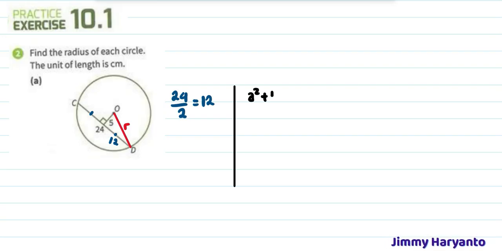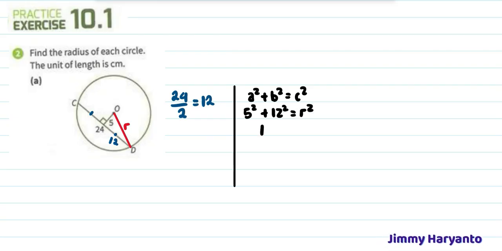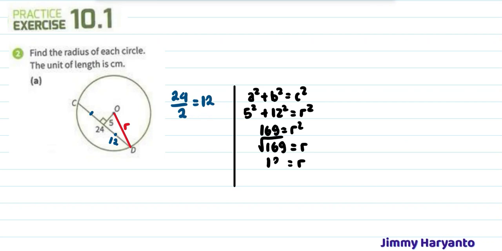So a square plus b square equals c square. That means 5 square plus 12 square equals r square. This one is 169 equals r square. Remove the square, it will become square root, and then r equals 13. So the answer for this one is 13.